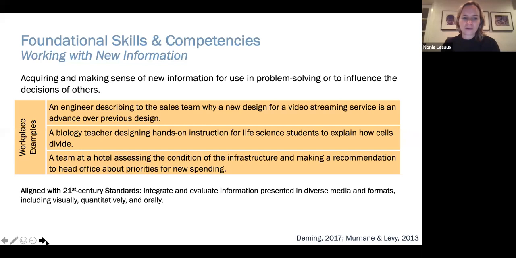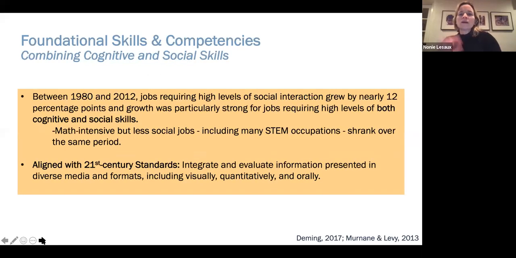and working with others. When we think about this combining cognitive and social skills, I think one real transformation over the last 2 decades, as an example, in the same way that we might track the overall changes, is just that there was also a time when there were very technical jobs that we thought of as not social.